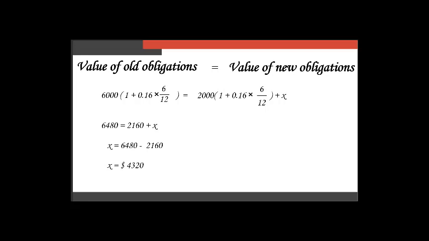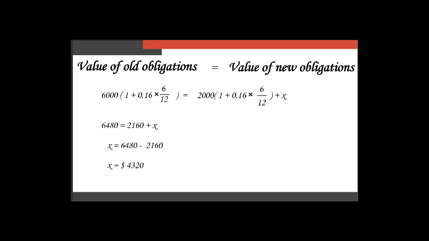So the value of old obligations equals 6,000 times 1 plus 16% times 6 over 12. This is the left hand side. The right hand side is the value of new obligations. We have two new obligations, 2,000 and X: 2,000 times 1 plus 16% times 6 over 12 plus X.